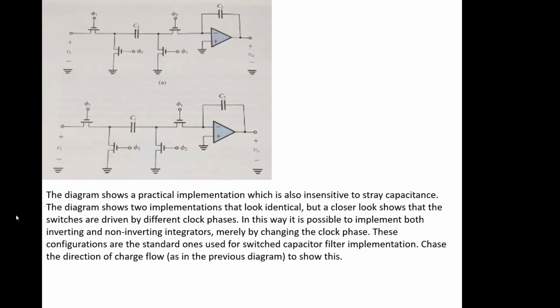So just to give some idea of simple extensions, I say simple, it's still not that simple, which allow you to go a little bit further. There are implementations of the systems here which are insensitive to stray capacitances, because there's always going to be little capacitances in the layouts.